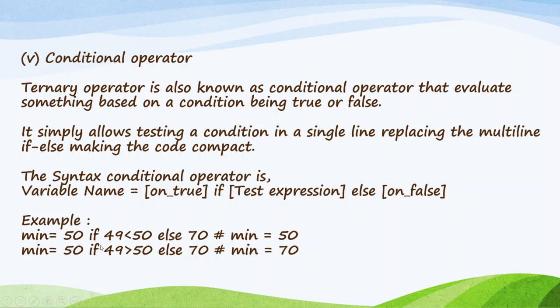Minimum equal to 50 if 49 less than 50, else 70. So the minimum you will be getting is 50 marks. Minimum equal to 50 if 49 greater than 50, else 70. So the minimum is 70. So that depends on the test expression.